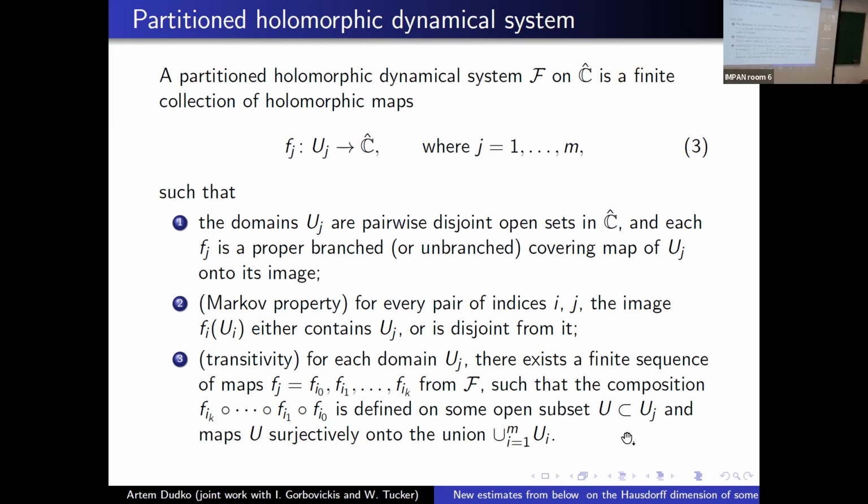Isn't that what Van Strien and other people called box mapping? Not quite. So there are differences in the definitions, but it resembles box mapping, and such conditions were studied previously for different purposes.